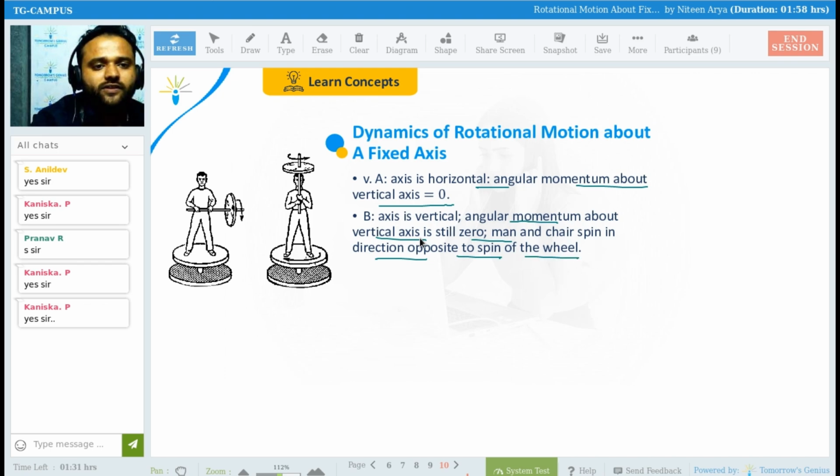Means if this wheel is rotated into the plane of the paper in this direction, then the man and the rotating chair are going to spin in the opposite direction to balance the angular momentum of the spin and of this rotation.